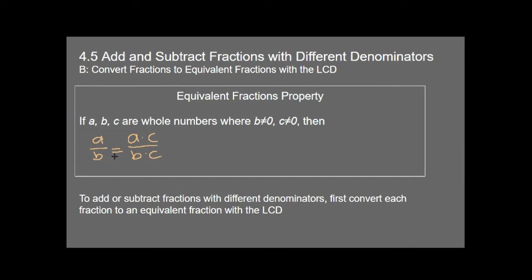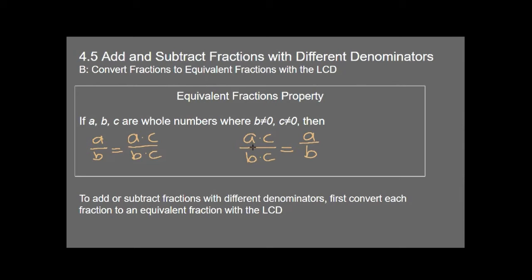If we take any fraction and we multiply the top and the bottom by the same number, then we end up with an equivalent fraction. Okay, and you can go the other way too. A times C over B times C is equal to A over B. Okay, so you can go either direction.